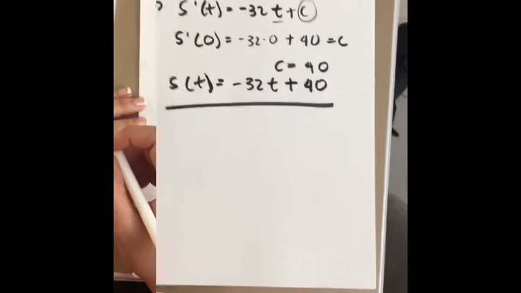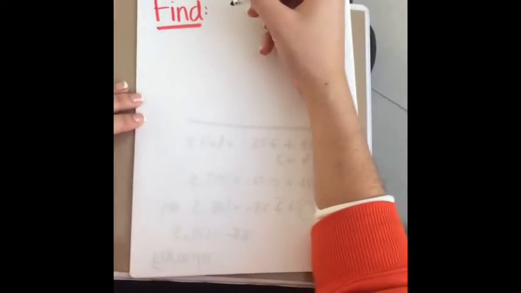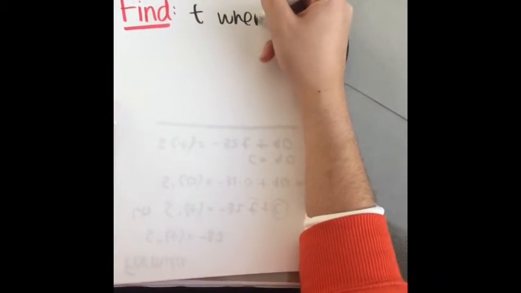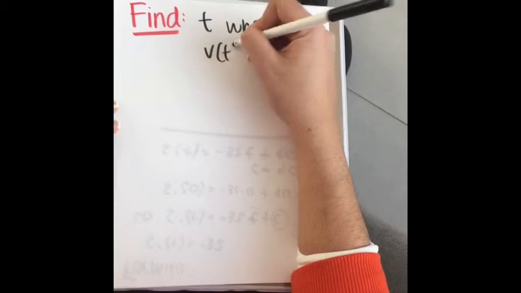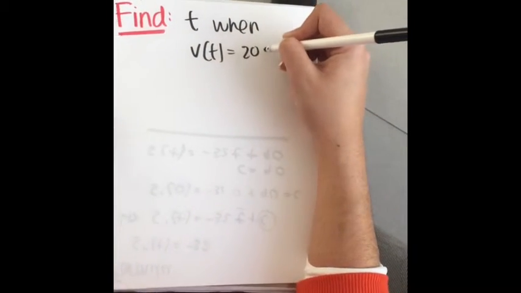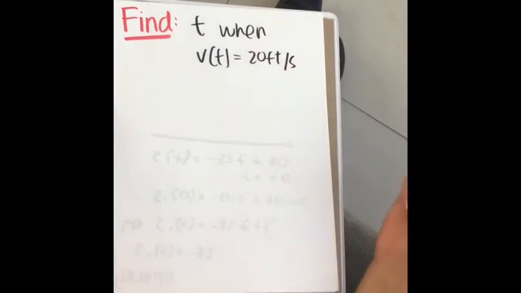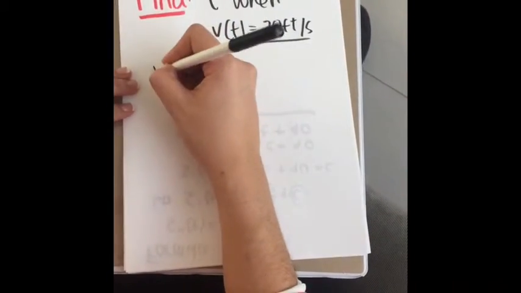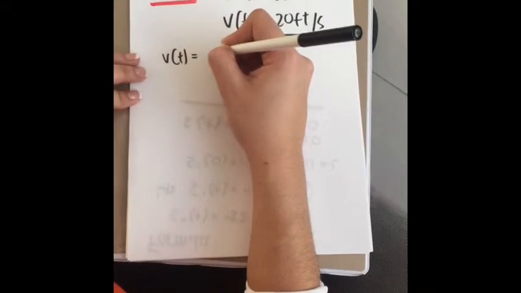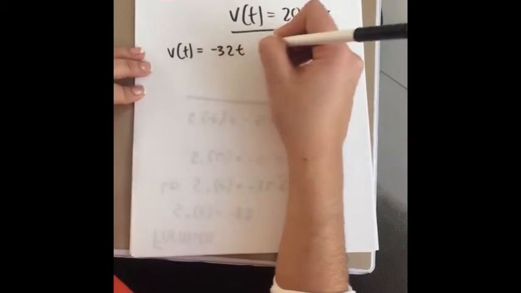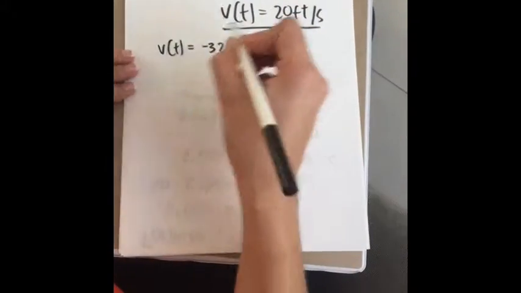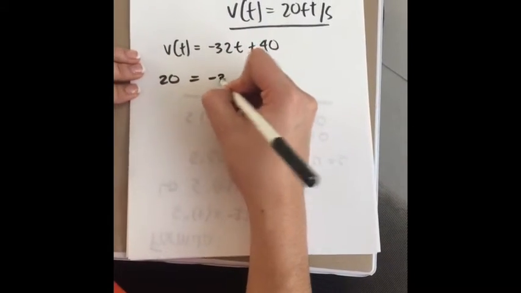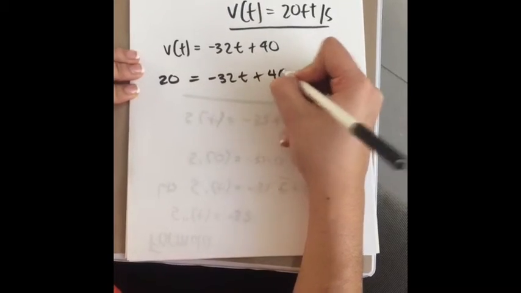Now I get it. Now we need to find time when velocity equals 20 feet per second. We know that our equation is minus 32 time plus 40. We need to set this equation equal to 20: minus 32 time plus 40 equals 20.